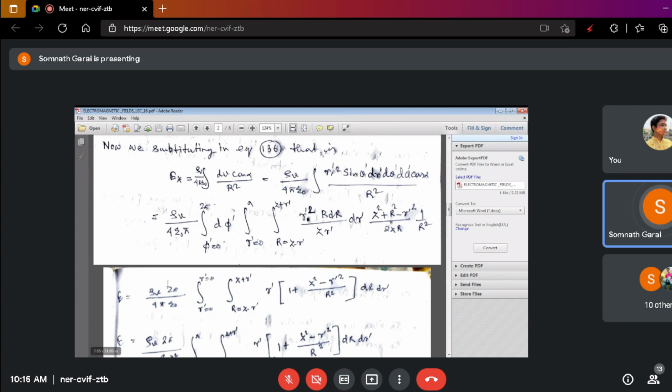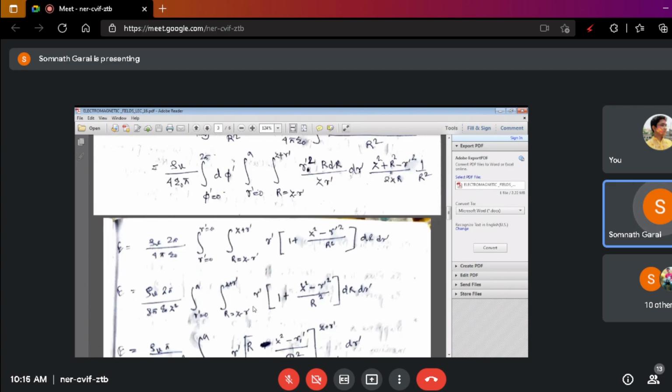So this will be 2 pi, that's one. So this expression will be rho v 2 pi divided by 4 pi epsilon. একটা ফার্স্ট পার্ট যেটা আছে উইথ রেসপেক্ট টু phi আমার ইন্টিগ্রেট হয়ে গেল, রাইট?